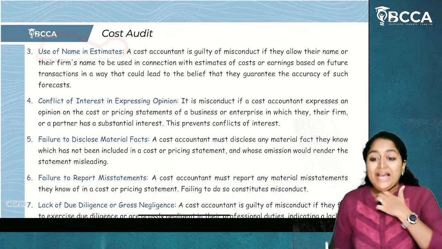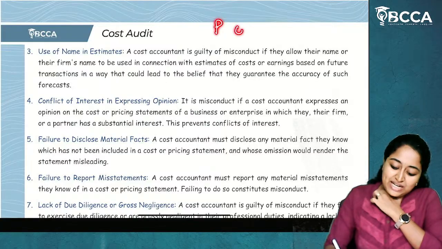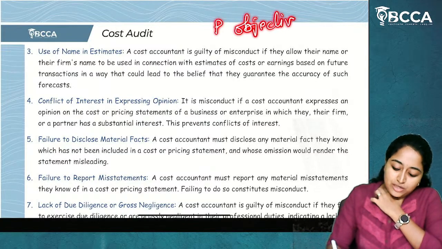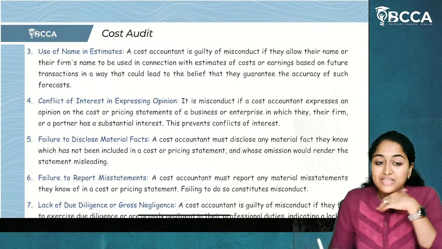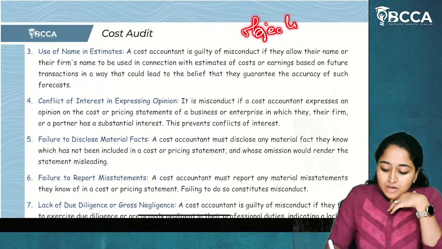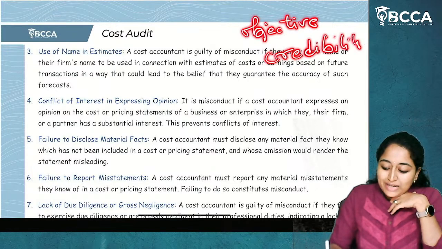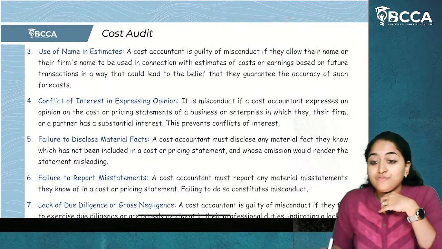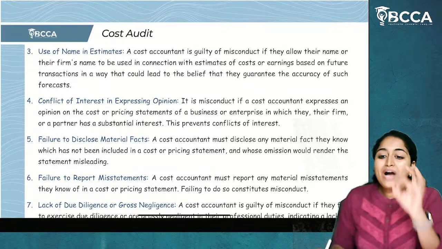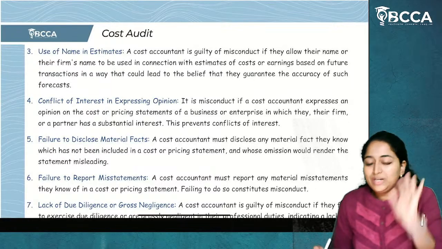Use of name and estimates, as we have seen in the objectives of professional ethics. When we were looking at professional ethics, we saw the objectives. What are the objectives? Credibility should be there. Yes or no? Credibility, which means trust in information. Now, if you have verified data, then you will give your name.